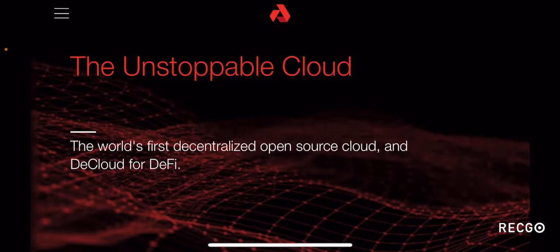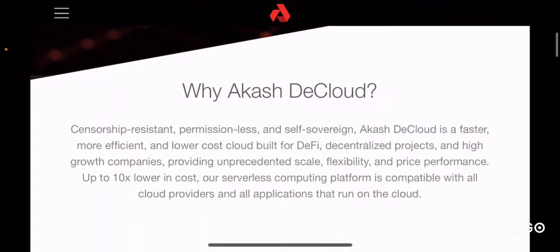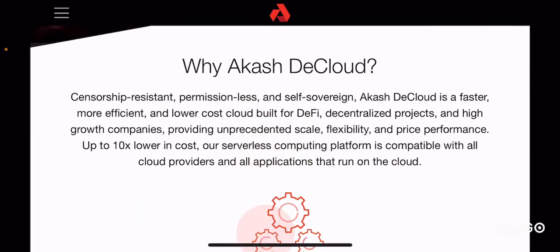And not only that, you can also get D-Cloud services for DeFi as well, right? So again, they have a very cool website. It's very interesting, and I just want to cover what it is, and also share with you guys their kind of like miner that they have, which is also pretty interesting.